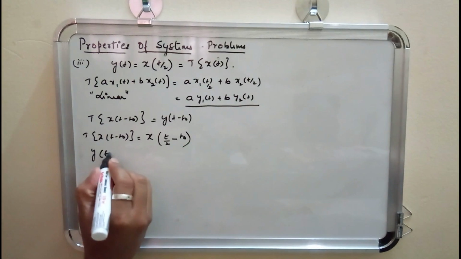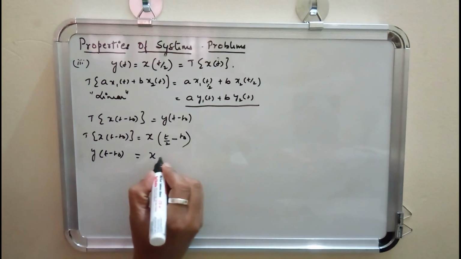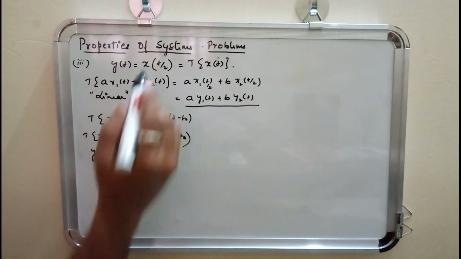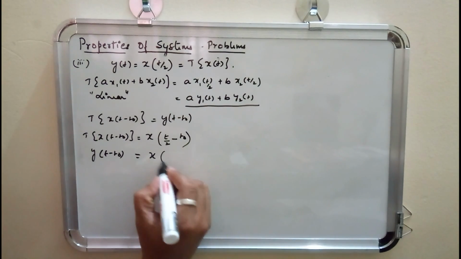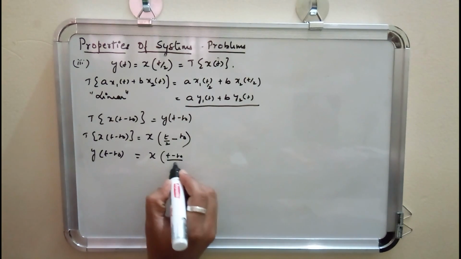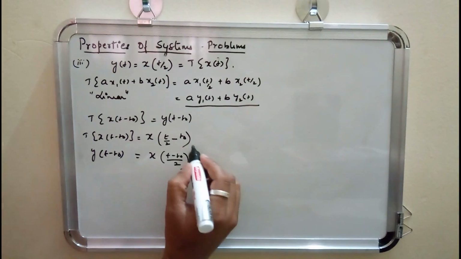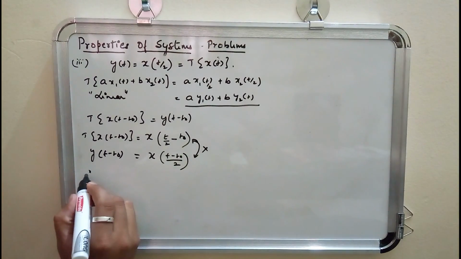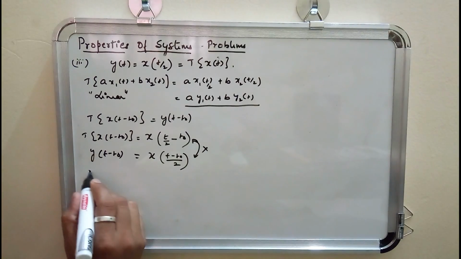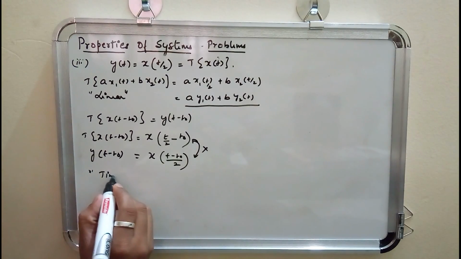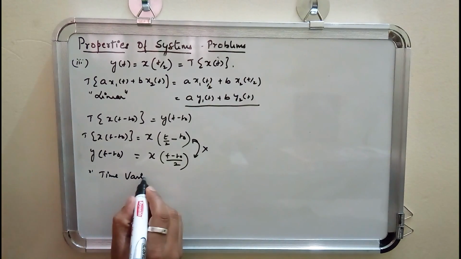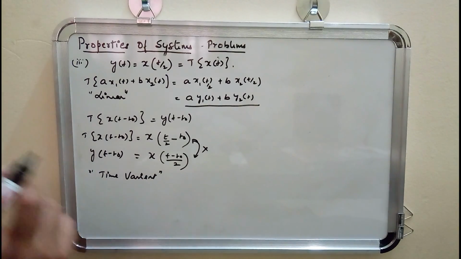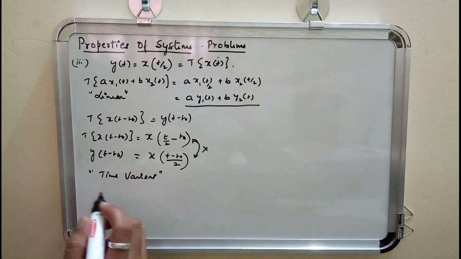Now y of t minus t naught would be x of, wherever you have a t, you replace it by t minus t naught, so it is t minus t naught whole divided by 2. These two are not equal, hence it is not time invariant; rather it can be called a time variant system.